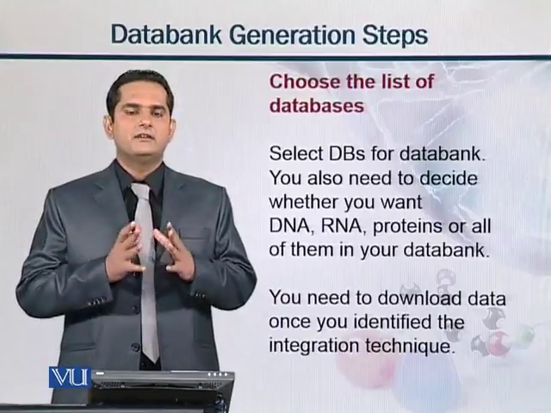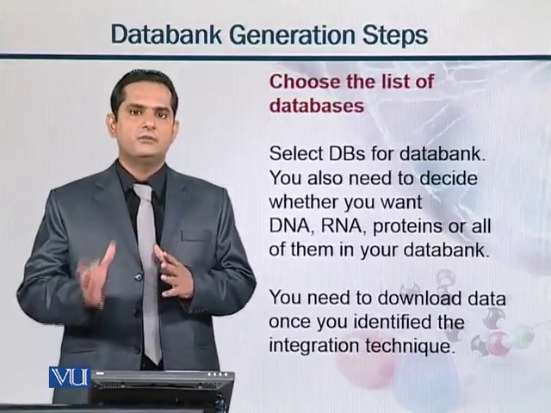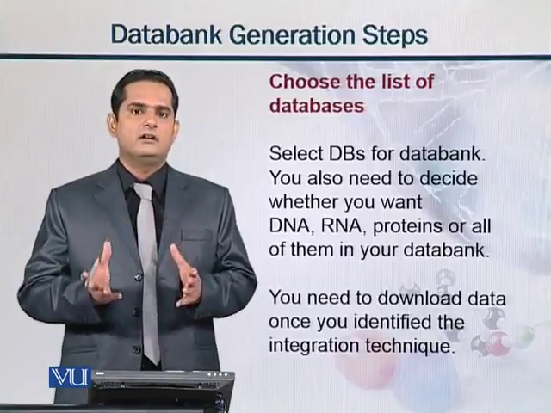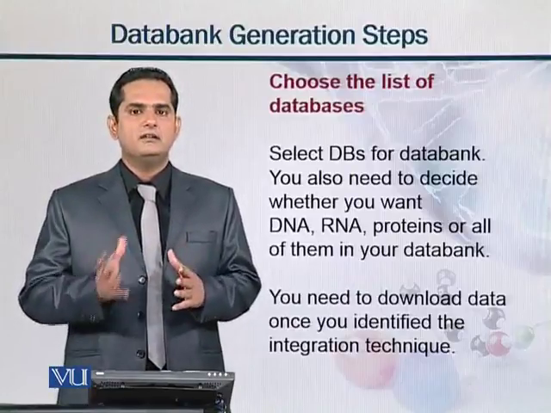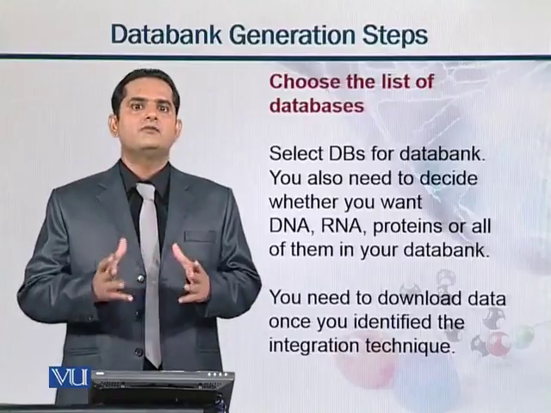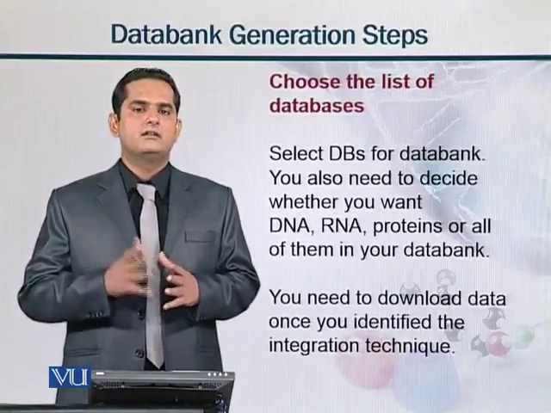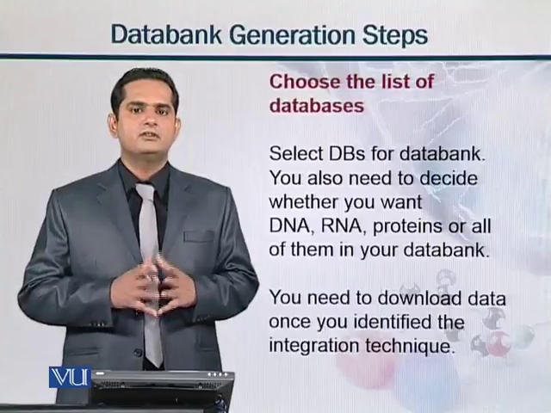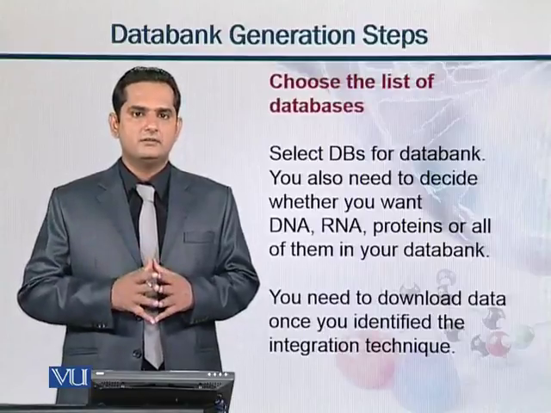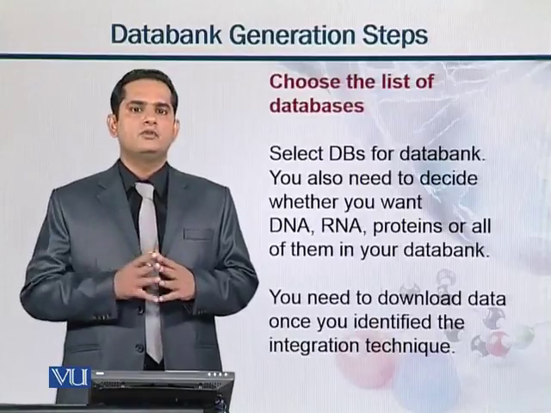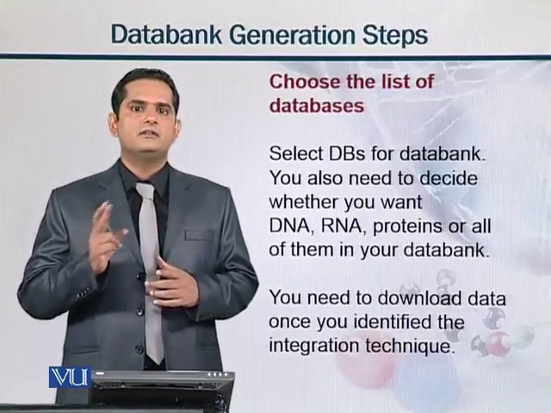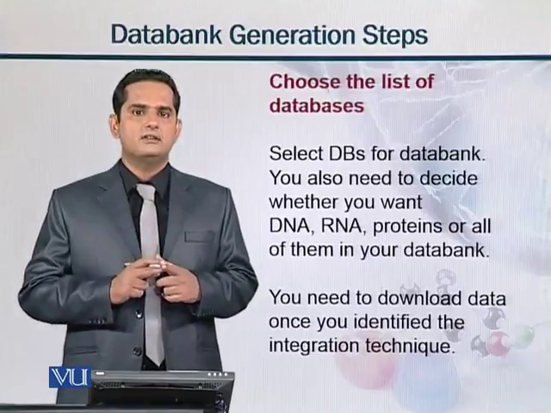The other step is the list of databases. We will decide what sort of information would be used for our data bank. Common information is again DNA, RNA, or protein structures, and we can of course use other organisms' information also, such as viruses, bacteria, etc. So once we have identified these things, we have to know the structure of different DNAs, RNAs, or protein structures.